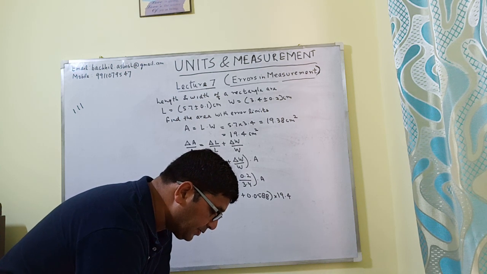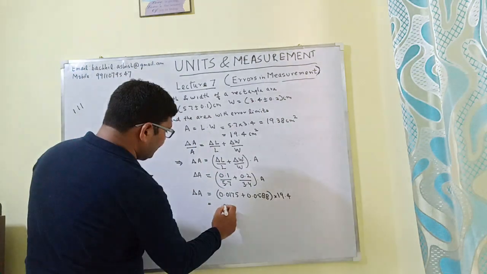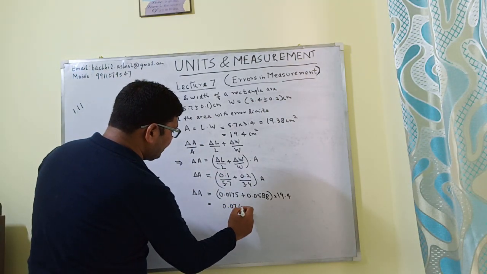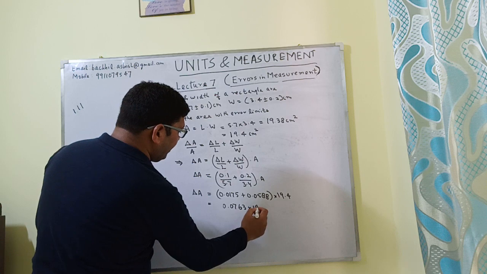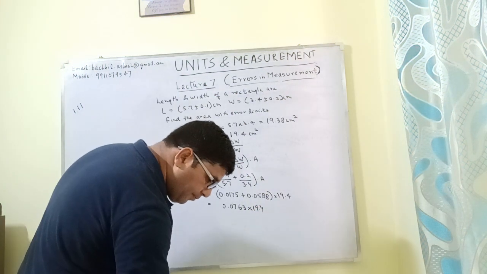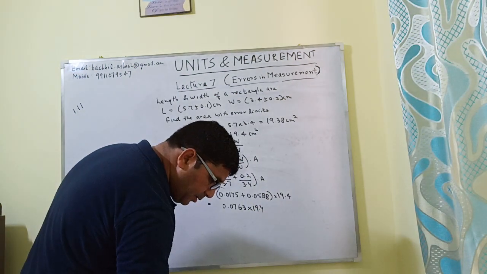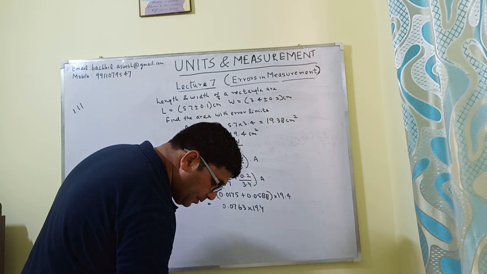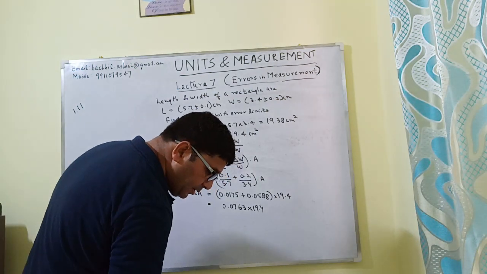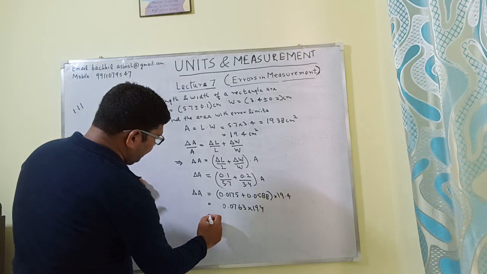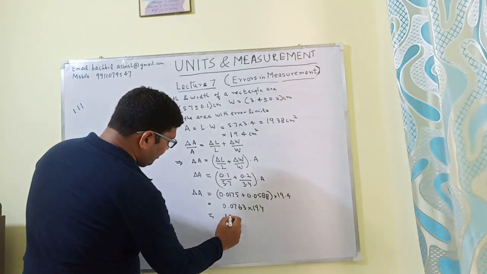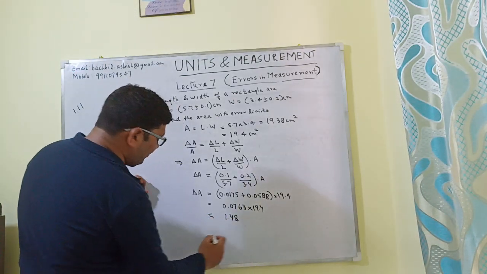This is equal to 0.0763. 0.0763 into 19.4 is equal to 1.48.